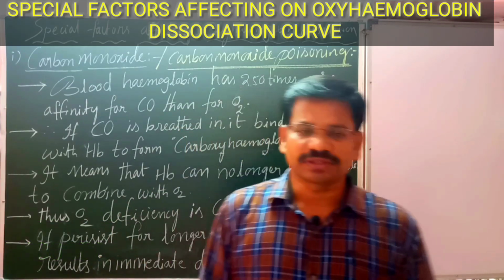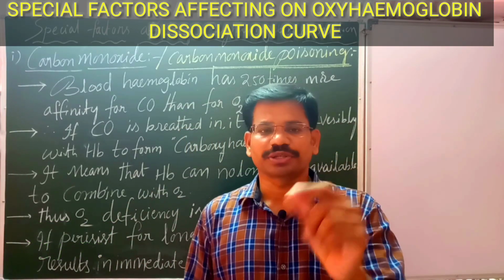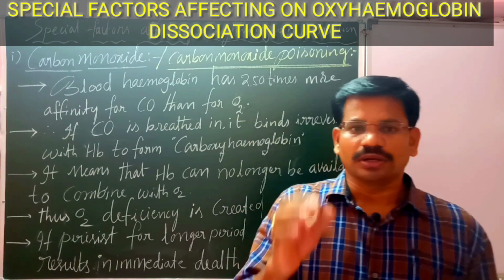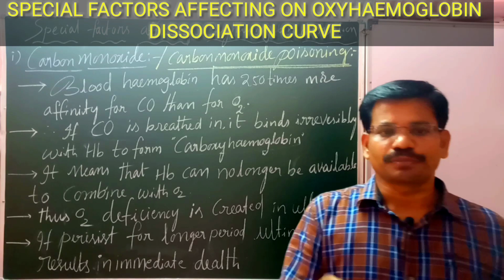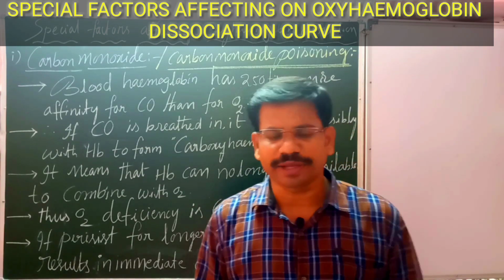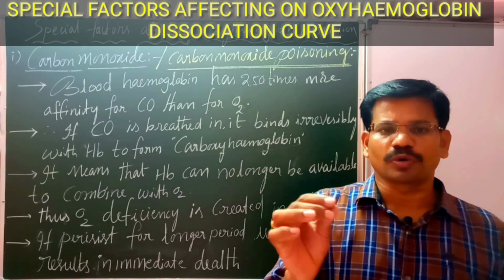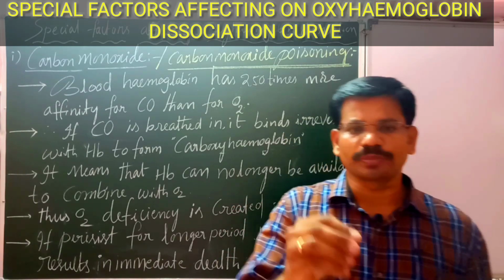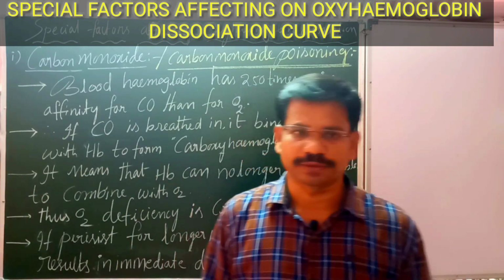In the previous lecture we completed the transportation of oxygen. During the transportation of oxygen, partial pressure plays a very important role. At the same time, a specialized chromoprotein present in the RBC, called hemoglobin, helps in the transportation of gases.